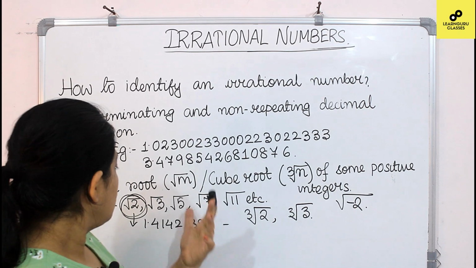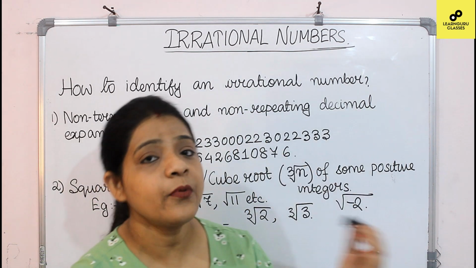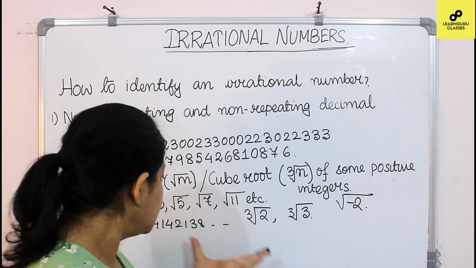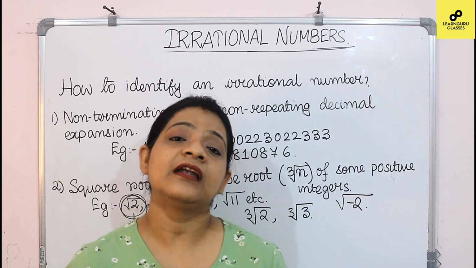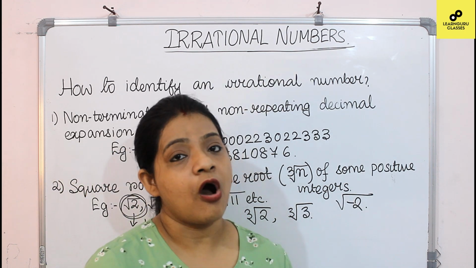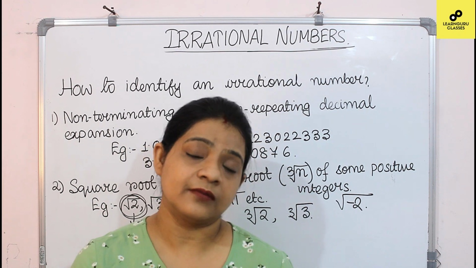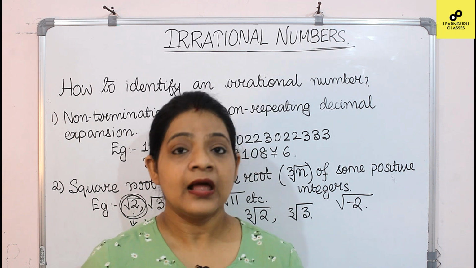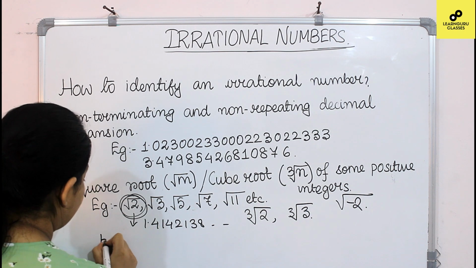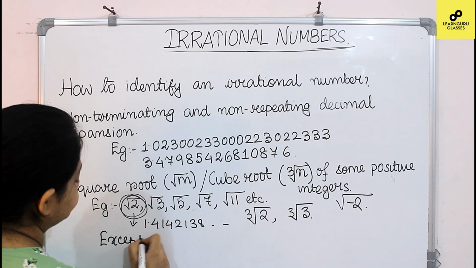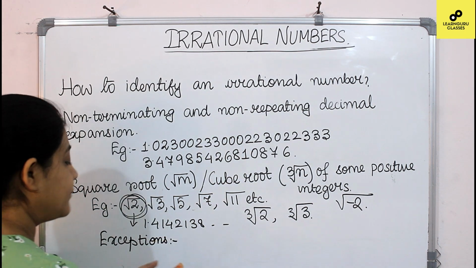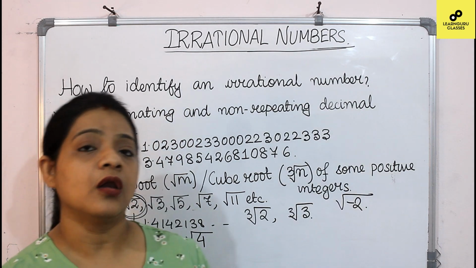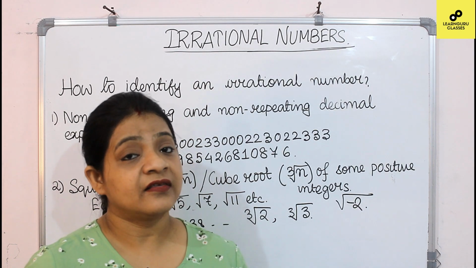So square roots or cube roots of some positive integers are irrational numbers, because if you see the decimal expansion of these numbers, they follow the trend of non-terminating and non-repeating decimal expansion. But there are some exceptions. Suppose I cannot call root over 4 an irrational number.